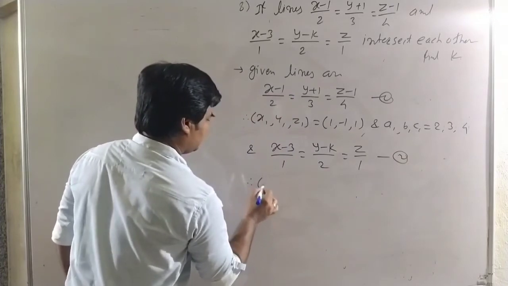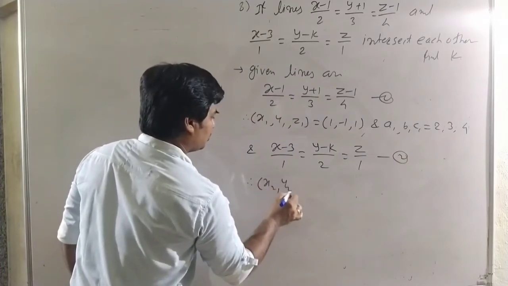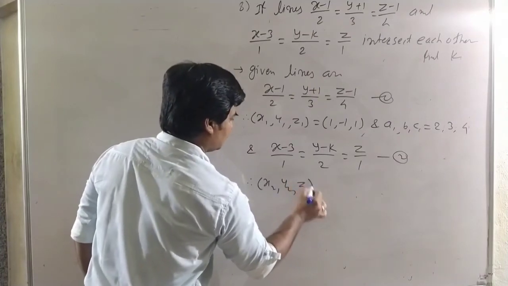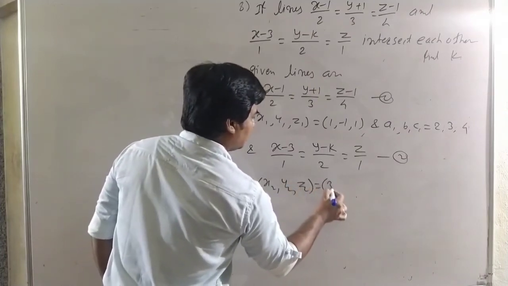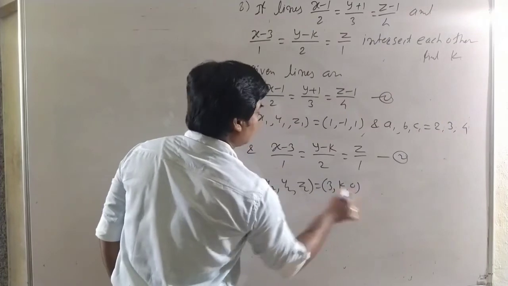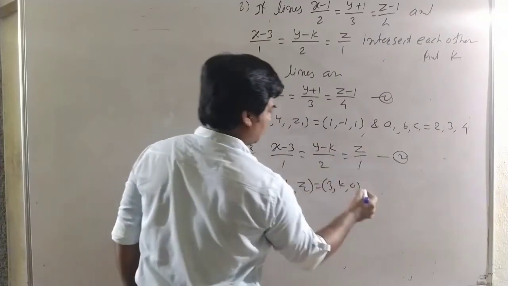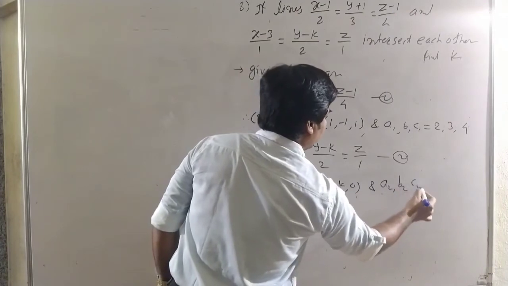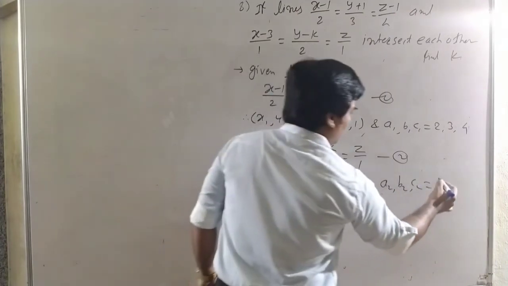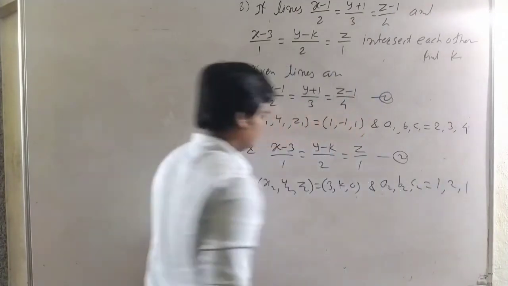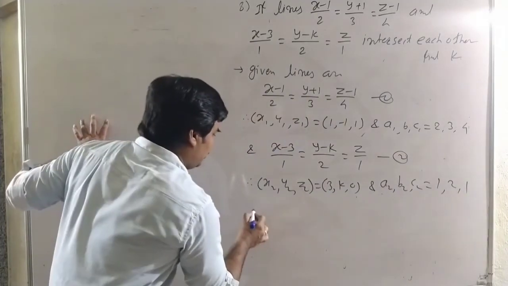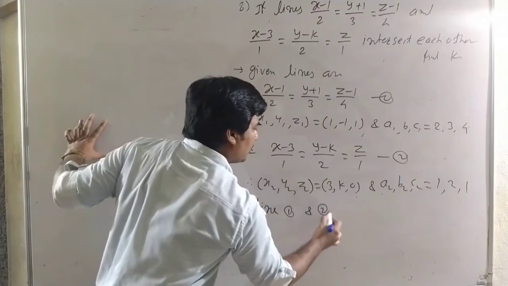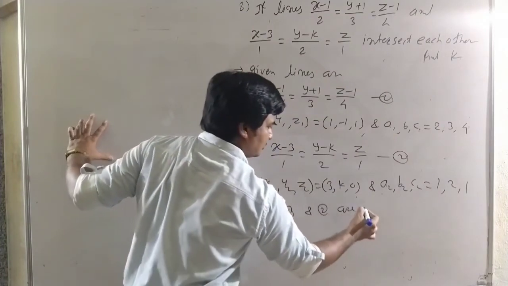Therefore we can write x2, y2 and z2 as 3, k and 0, and a2, b2 and c2 as 1, 2, 1. Here lines 1 and 2 intersect.